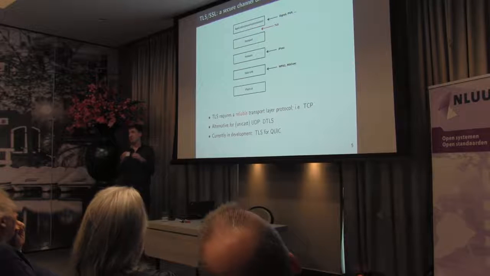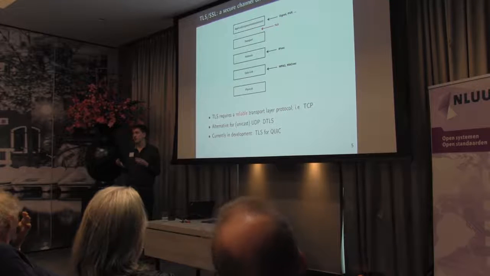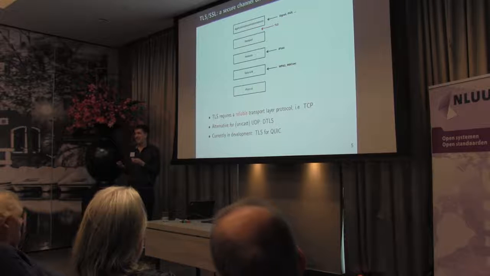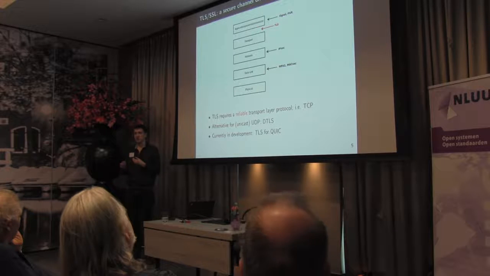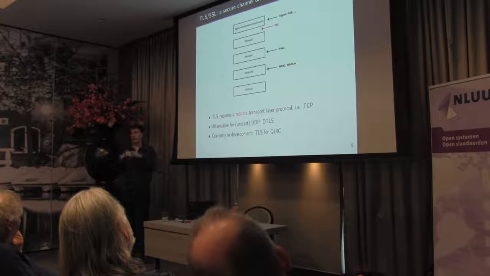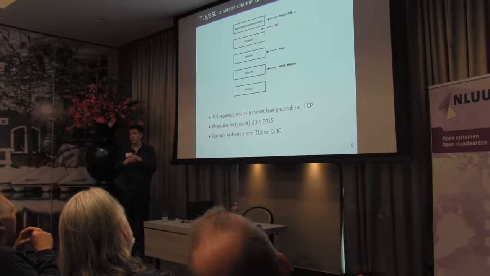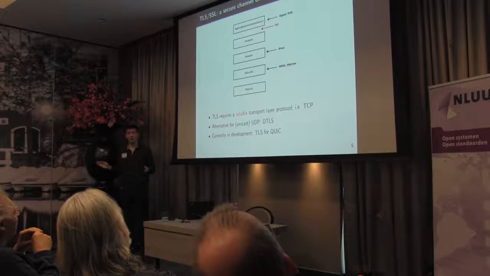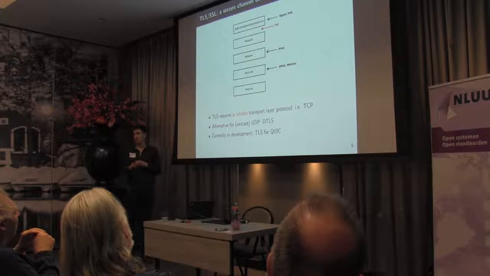So, of course, you could try to solve the problem of setting up a secure channel for web applications by building this into HTTP or a web protocol. But of course there are many other applications that would also benefit from a secure channel.